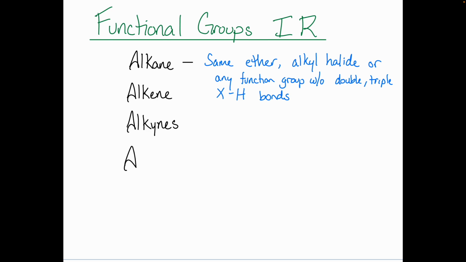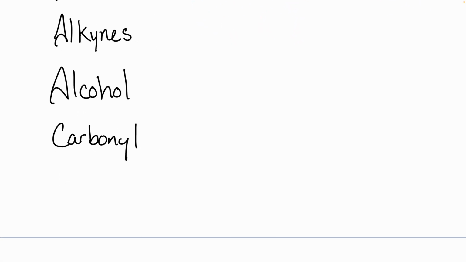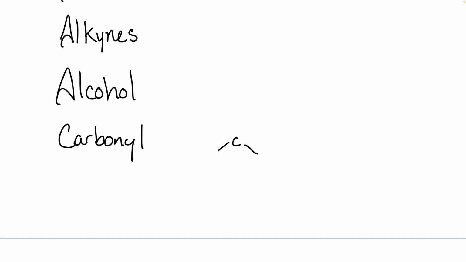All right, so then we talked about alcohols. Alcohols give very distinct signals in our IR. Okay. All of our carbonyl containing compounds give a very distinct signal. What do I mean by a carbonyl? Carbon-oxygen double bond, right? We're going to talk a lot about carbonyl compounds this semester.